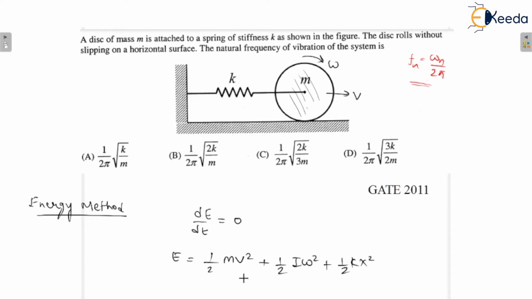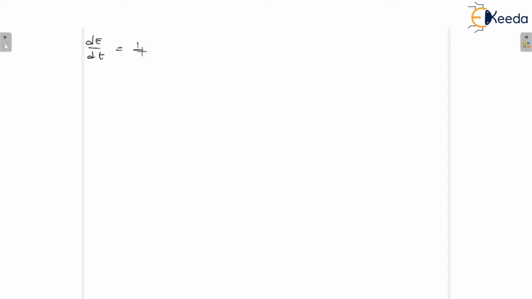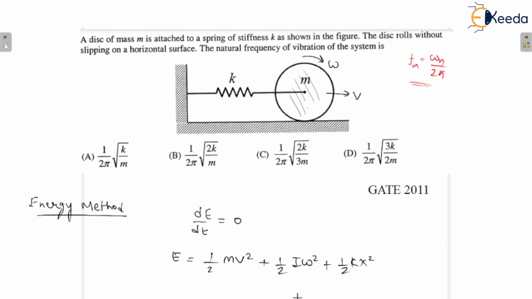If dE upon dt equal to 0, then dE upon dt is equal to half mv square, that means half m, because mass is constant, 2v dv upon dt, plus half I omega square. We all know that omega is equal to v upon r, so you can replace omega with v by r.